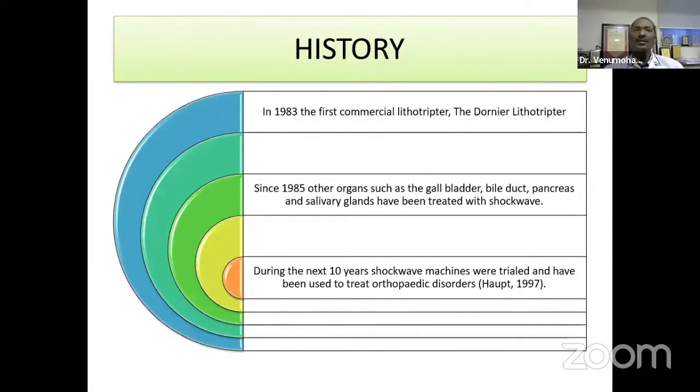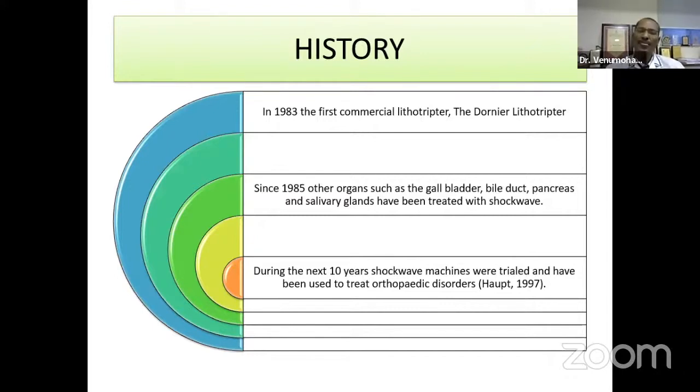So if you see the history of extracorporeal shockwave therapy, in 1983, the commercial lithotripter came into existence with the help of the Dornier lithotripter, which was first used for renal calculi. Then onwards, it got its growth, and in 1985, it was also used for treating gallbladder stones, the bile duct, pancreas, salivary glands, and other organs.